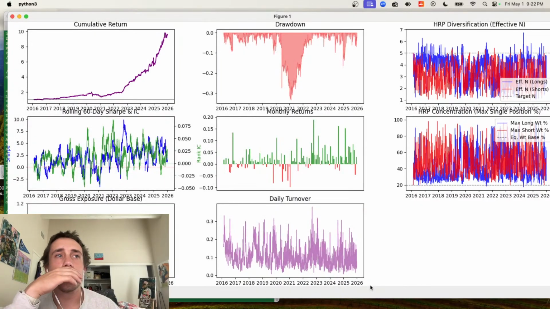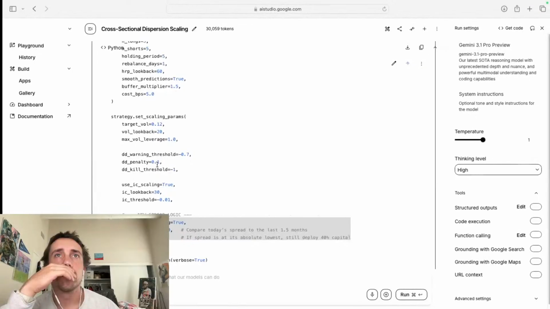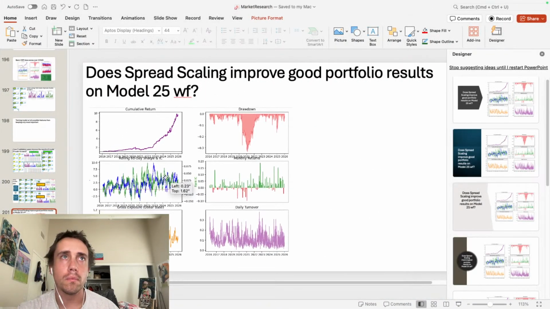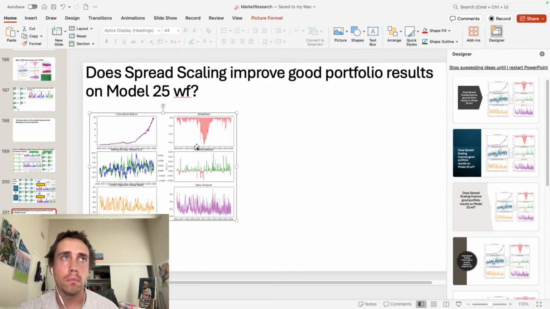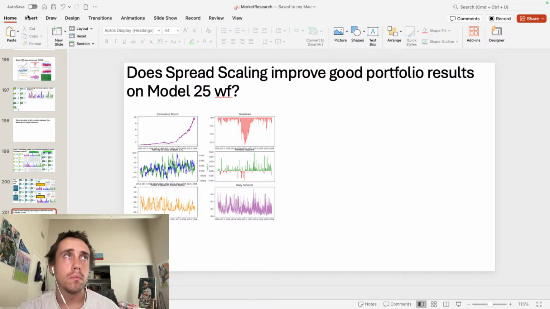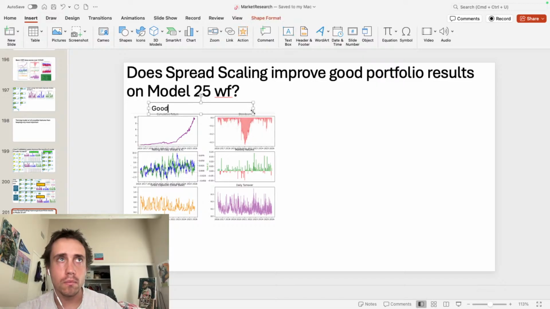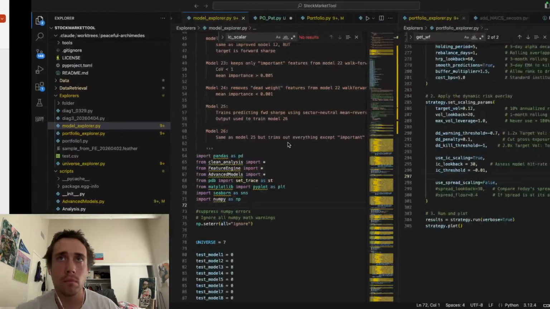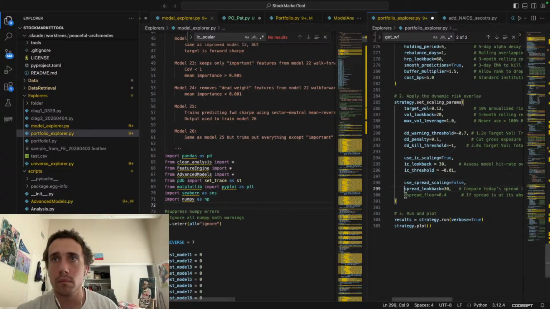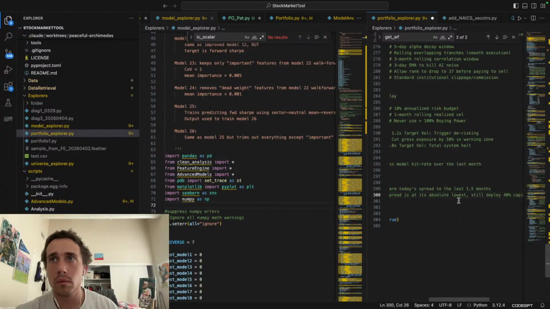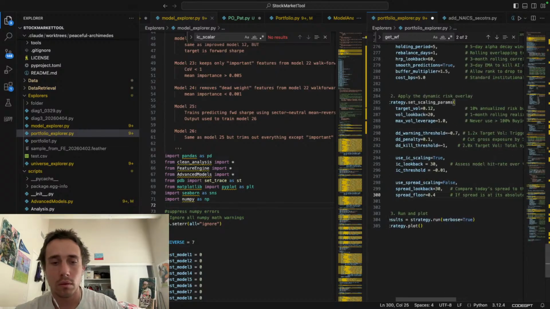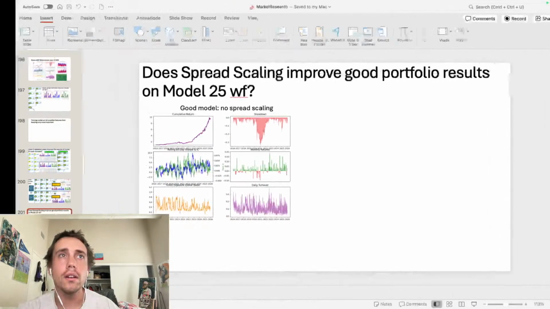So if I'm just using this scaling, it's working better than if I add in the spread scaling. Could go to hell, but we'll probably be fine.